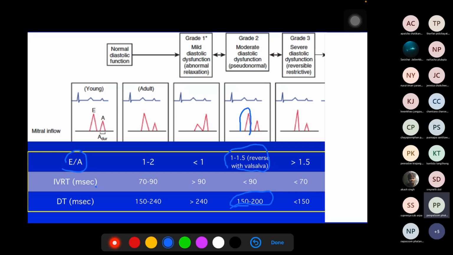When the LA pressure is high, the blood will transport from the high pressure to the low pressure. When the LA pressure is very high, it looks like a balloon filled with water, and you compress the balloon from the outside.